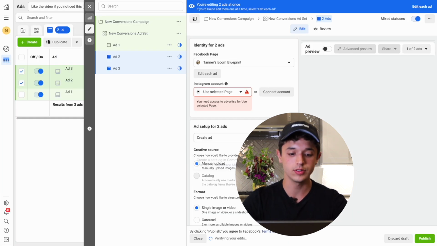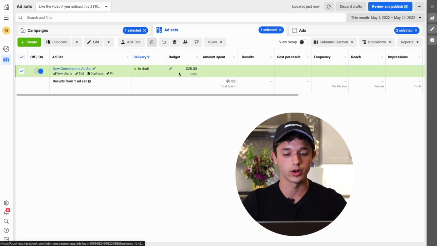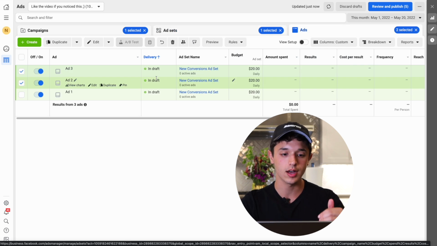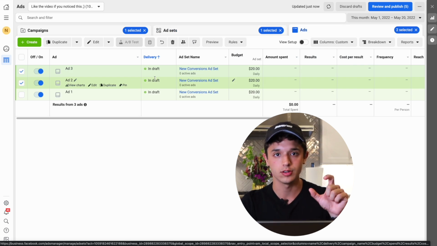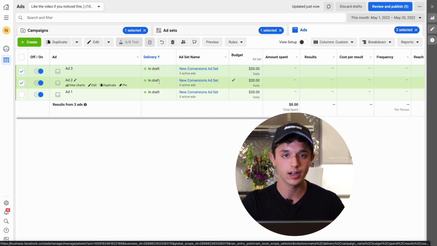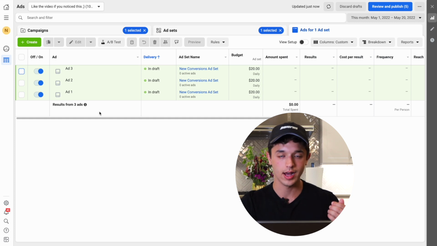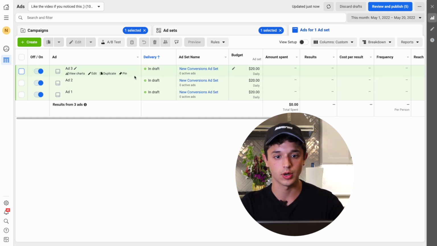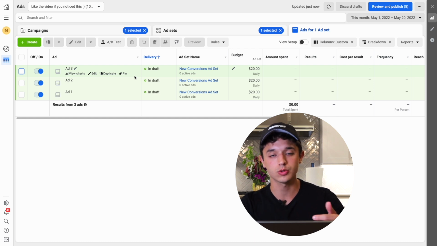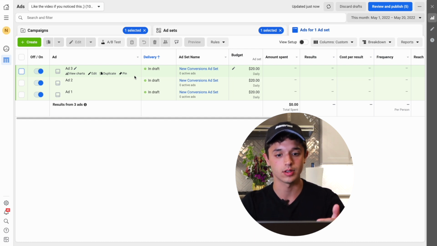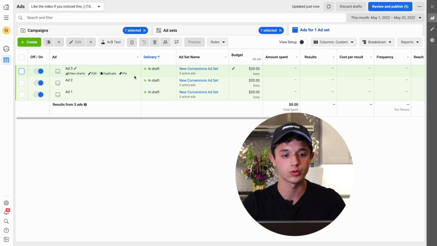What's gonna happen is this is all under a $20 a day budget ad set, but Facebook is not going to divide that $20 a day budget by 3 and spend it exactly across each ad creative. It's going to spend how they want to spend, which is exactly why I typically don't recommend people new to ads adding multiple creatives under an ad set, because the results are going to be very different and it's kind of confusing, honestly, if you're brand new to the platform.